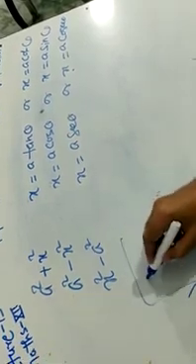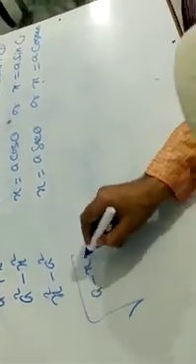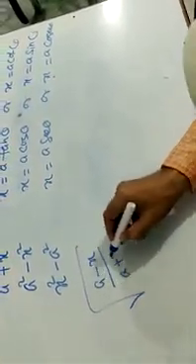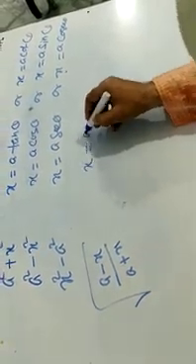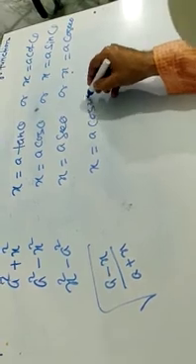If your expression is in the form of (a minus x) by (a plus x), you write x equals a cos 2 theta.